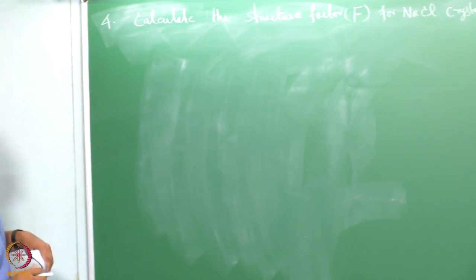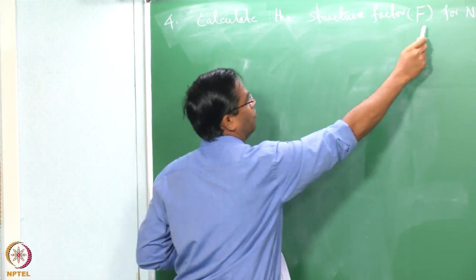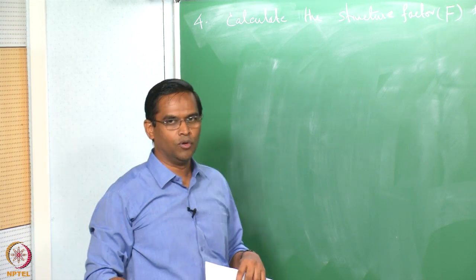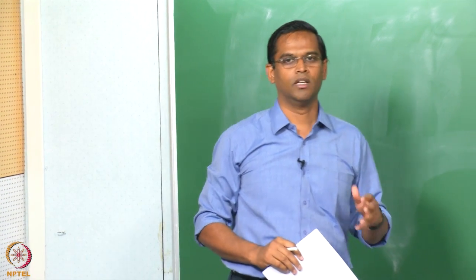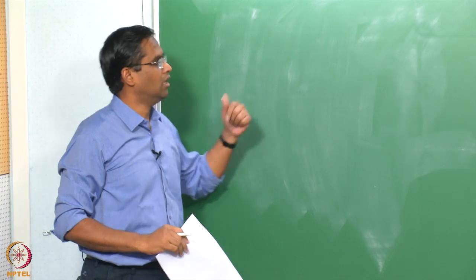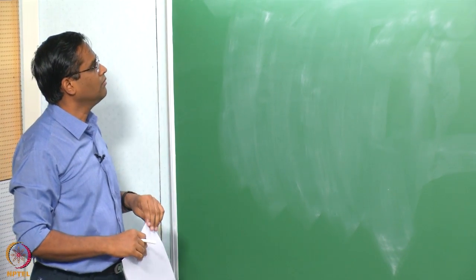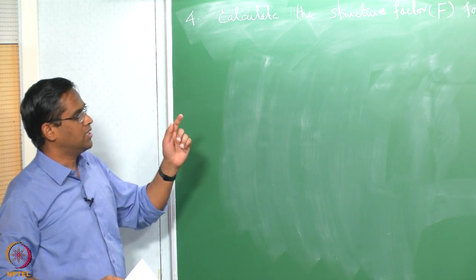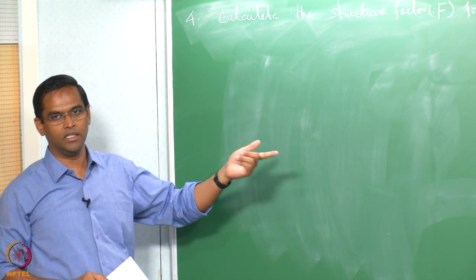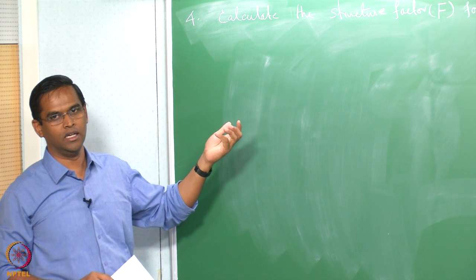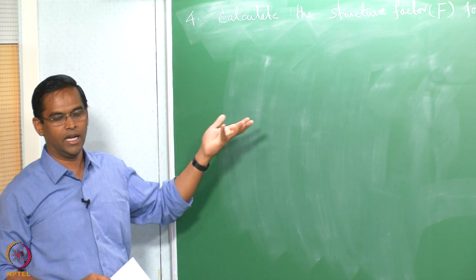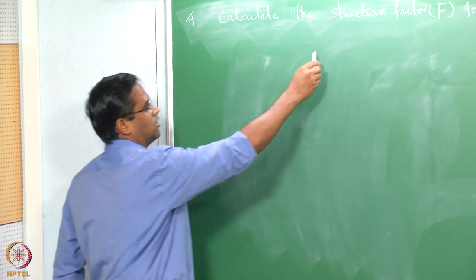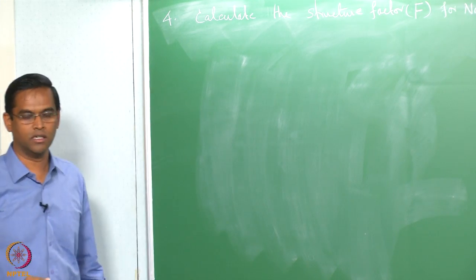The question is, calculate the structure factor F for sodium chloride crystal. If you recall the lectures on structure factor, we first discussed atomic scattering factor and then how that is influenced by the specific atoms in giving the total structure factor of a given crystal system.